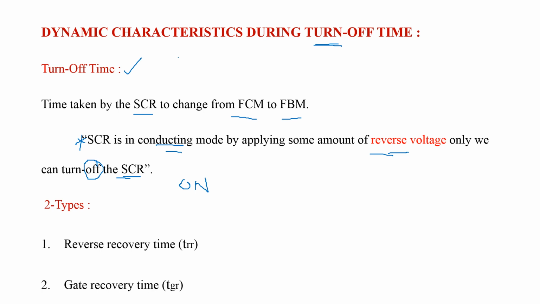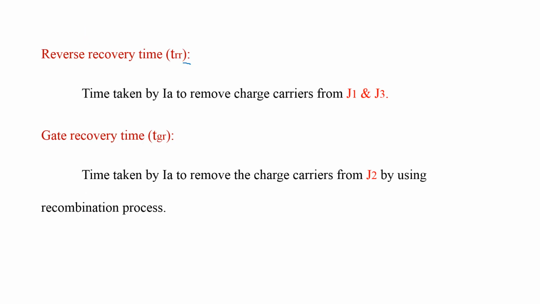Now the dynamic characteristics during the turn off period can be classified into two types. First is the reverse recovery time, second is the gate recovery time. Now we are going to discuss the reverse recovery and gate recovery times. Reverse recovery time is defined as the time taken by the anode current to remove the charge carriers from the outer junctions J1 and J3.